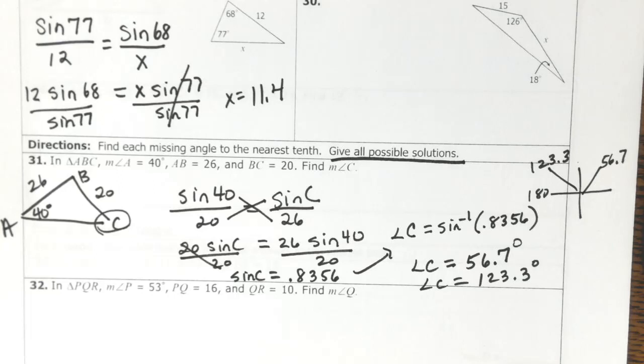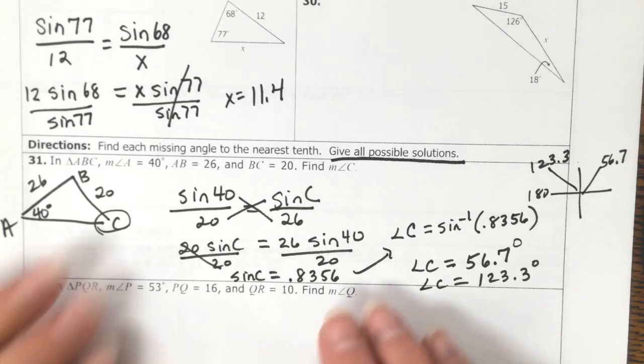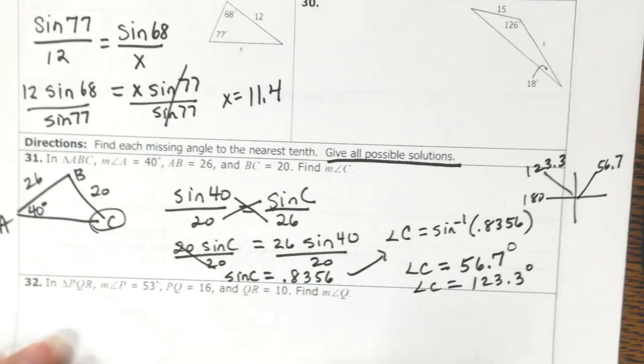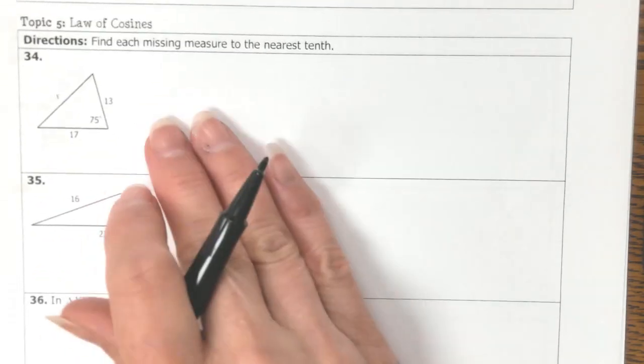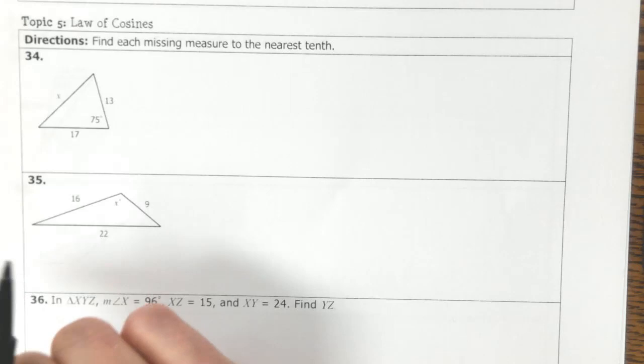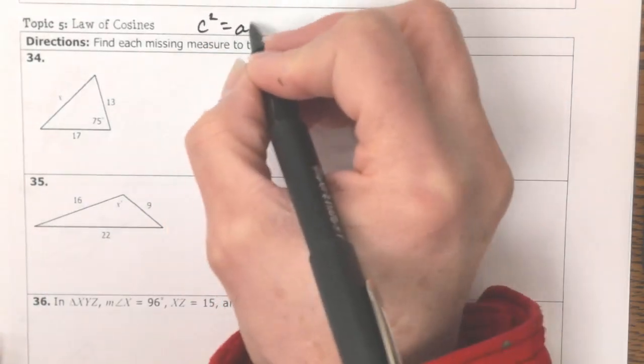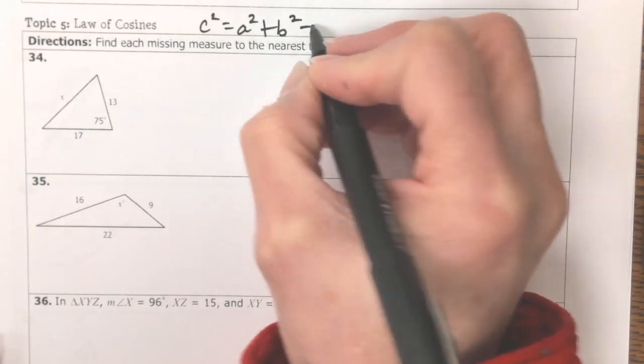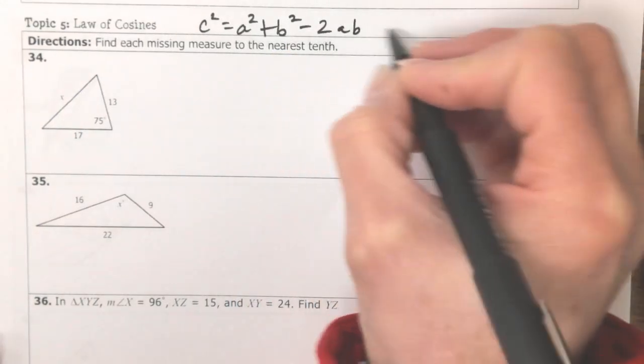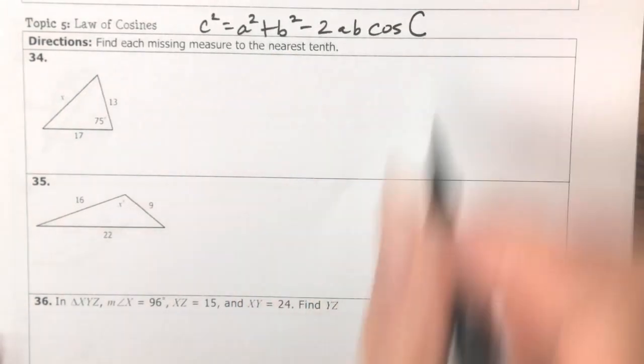Guys, would you look at problem 34? I am going to skip a little bit to a different topic here, and it's your law of cosines. If you wanted to even write the little formula, it might come in handy as you are working and thinking about the math problem.